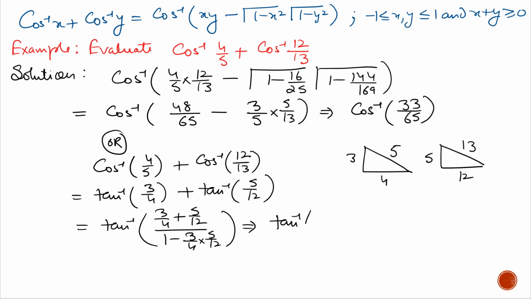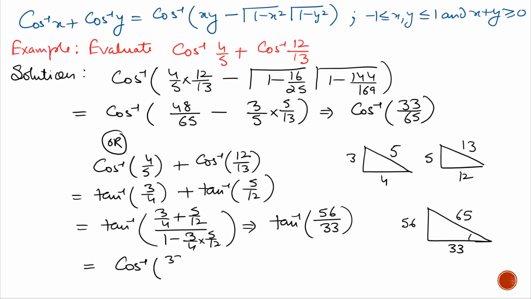And after solving, we will get tan inverse 56/33. Here, perpendicular is 56, the base is 33 and the hypotenuse is 65. So tan inverse 56/33 equals cos inverse 33/65, and we get the same answer.